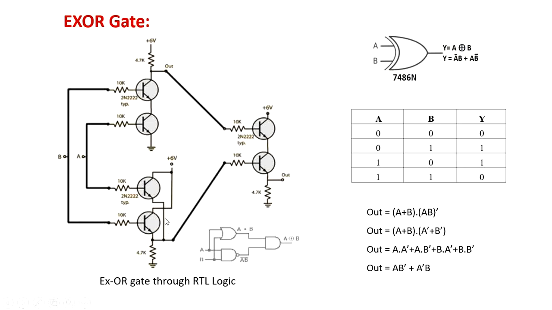But there is a path between high voltage and output. Similarly, when both are on, both will be conducting and this will be equal to high voltage. Only when both are low, this will not work. Both will be off, so this output will be equal to 0.